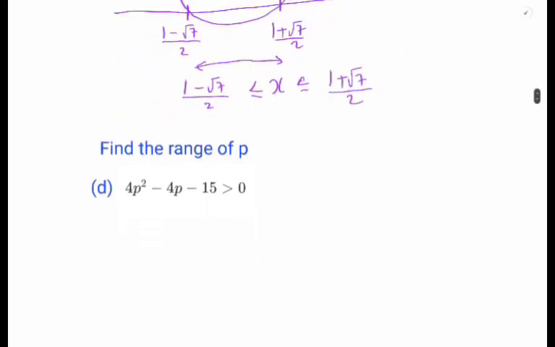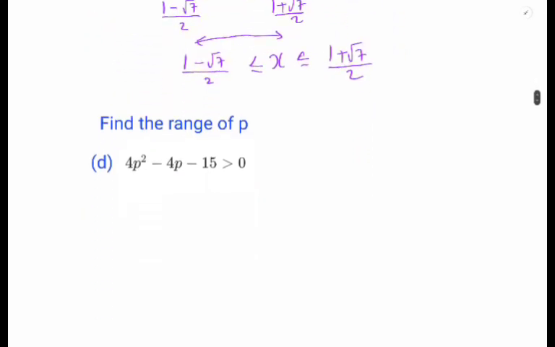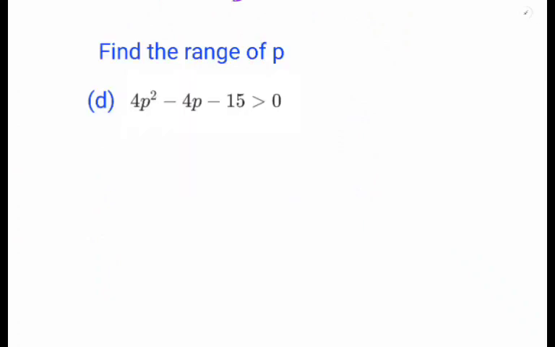Okay. Now another one here, find the range of P. For part D, they ask you to find the range of P. Now you need to factorize this first. Let's say 2P, and here is 2P. Now the exact thing I'm not very sure, so you need to check one by one.